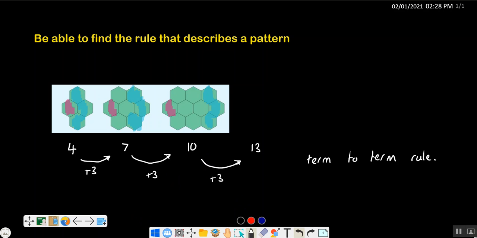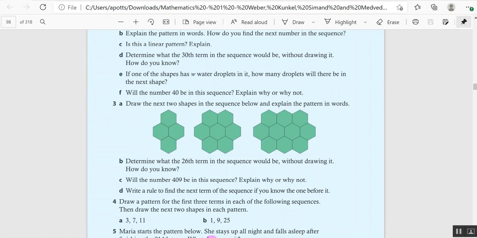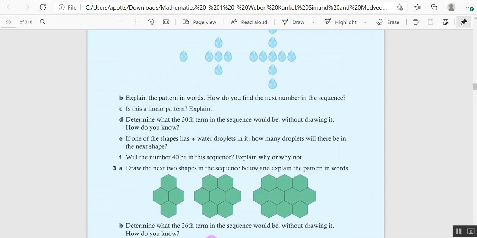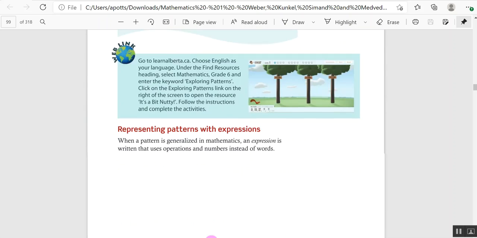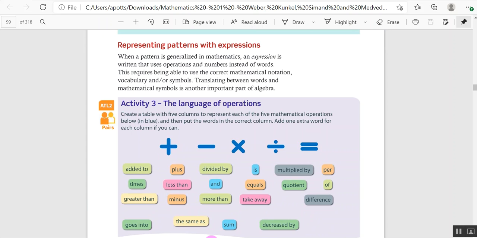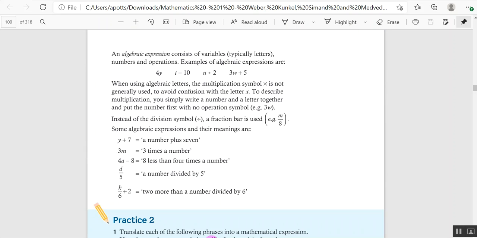Right, if I look at the textbook, which I have been doing, this is all the kind of stuff you've been doing. So you've done all that, how it's done. Then you represent patterns with expressions. So you've done an algebraic expression with a variable, 4y. What does 4y mean? Right? 4 times something, yeah, anything. Whatever number you pick, multiply that number by 4.